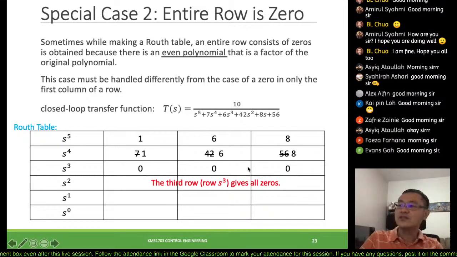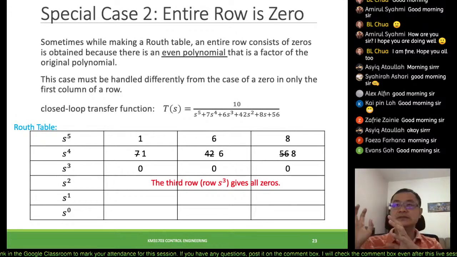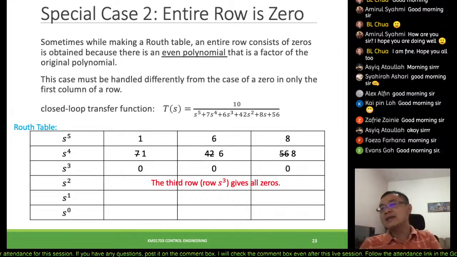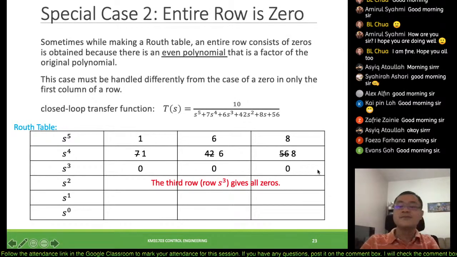So to deal with this, we have to break this polynomial into two parts. Let me give you the idea first. Here we have this so-called closed loop transfer function given as such, and eventually this transfer function gives us 0, 0, 0.